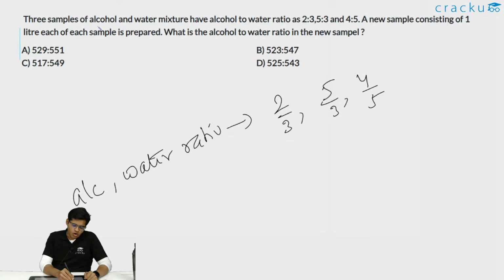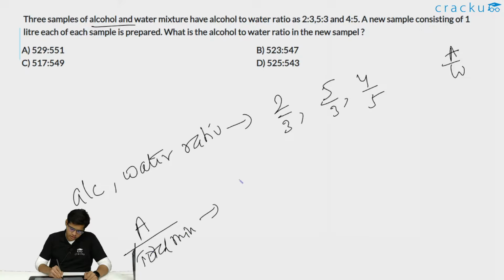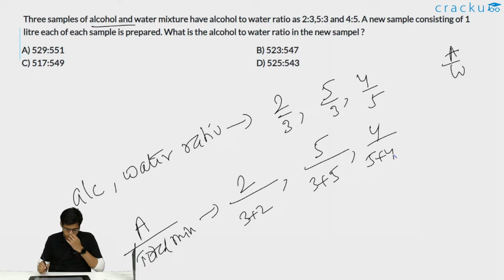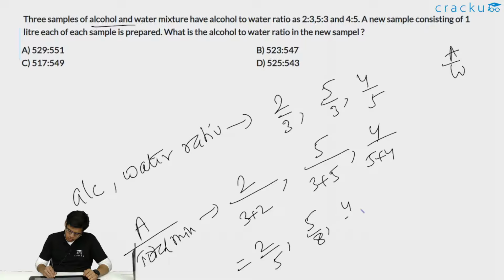Okay guys, so this is the ratio of alcohol to water. So what will be the ratio of alcohol to total mixture? The ratio would be 2 by 3 plus 2, 5 by 3 plus 5, 4 by 5 plus 4. So it will be 2 by 5, 5 by 8, 4 by 9, right?